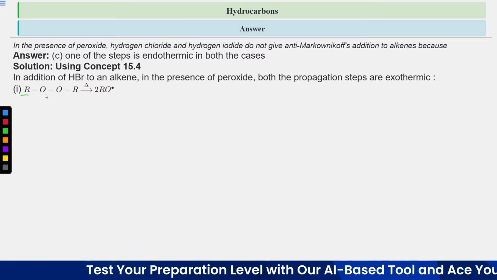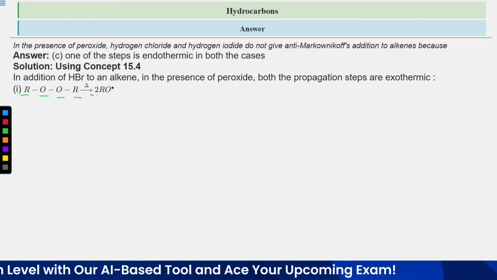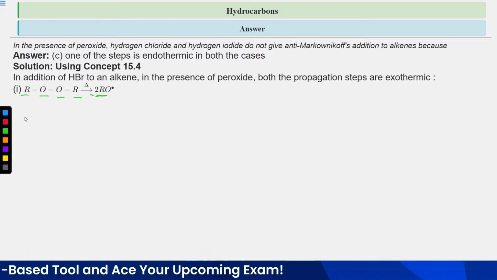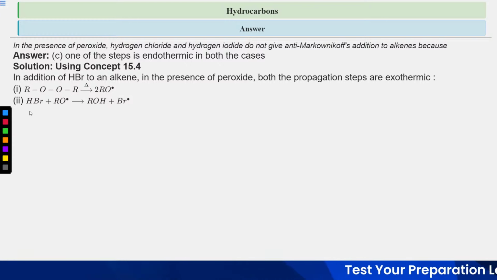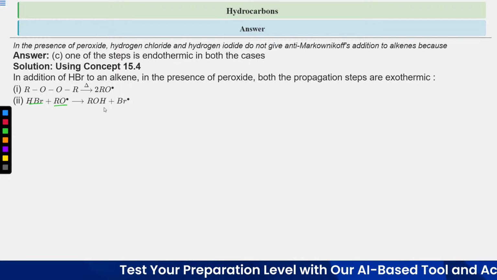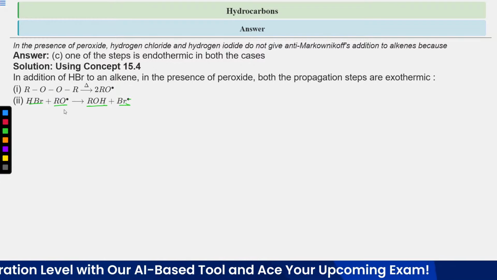So, ROOR, this is peroxide. You heat it and it will convert to 2RO free radical. Then the HBr will react with this free radical and form an alcohol, ROH, plus a Br free radical.